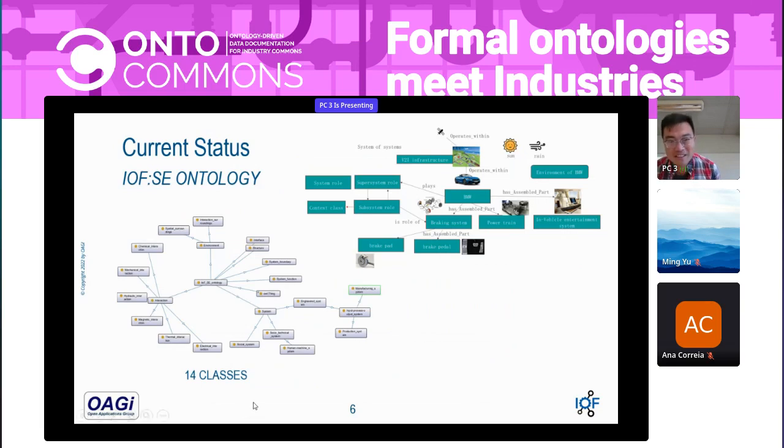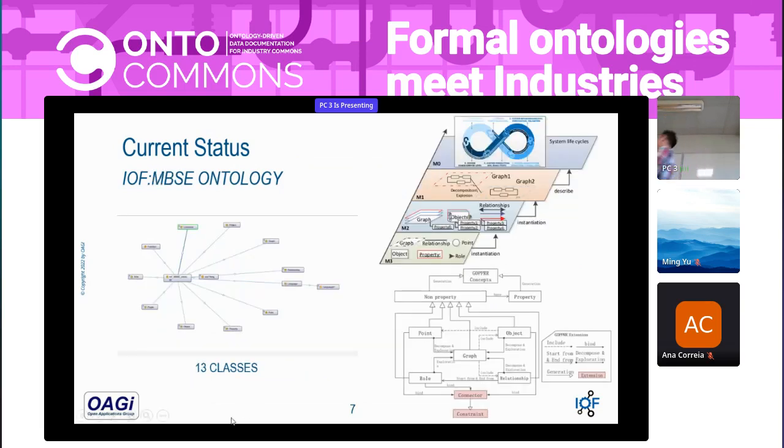And so the next part is the MBSE ontology. Actually, we have already defined three classes. Based on the three basic classes, we use the MOF, the modeling framework, as the meta model, and the model, and the system life cycle.